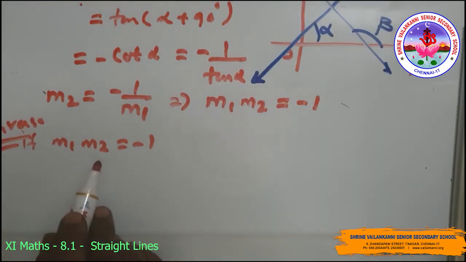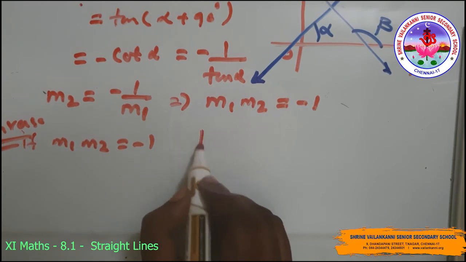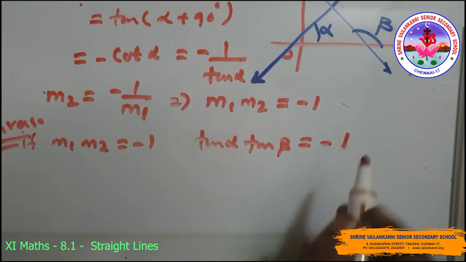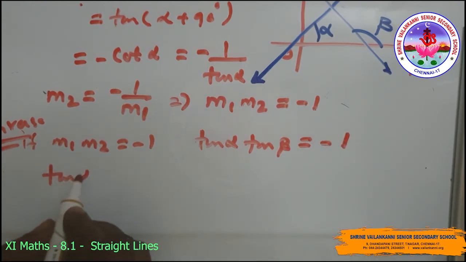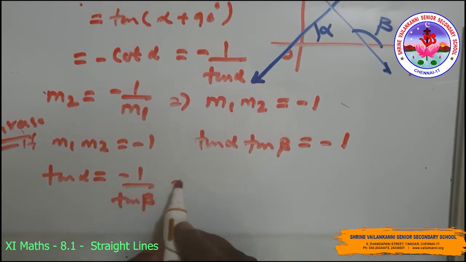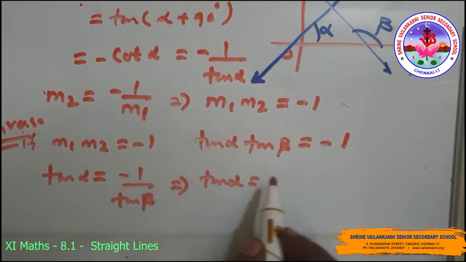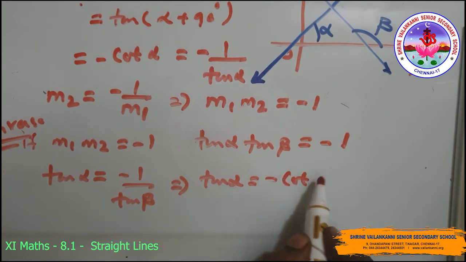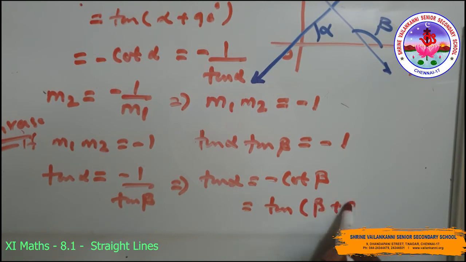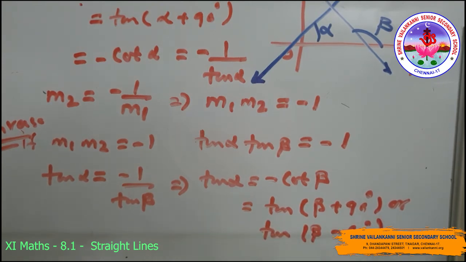Conversely, if m1 m2 equal to minus 1, that is tan alpha tan beta equal to minus 1, then tan alpha equal to minus 1 by tan beta, which is tan alpha equal to minus cot beta, which is equal to tan of beta plus 90 degrees, or tan of beta minus 90 degrees.